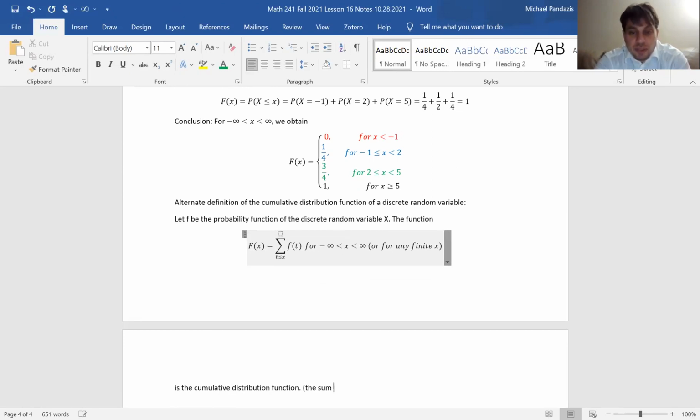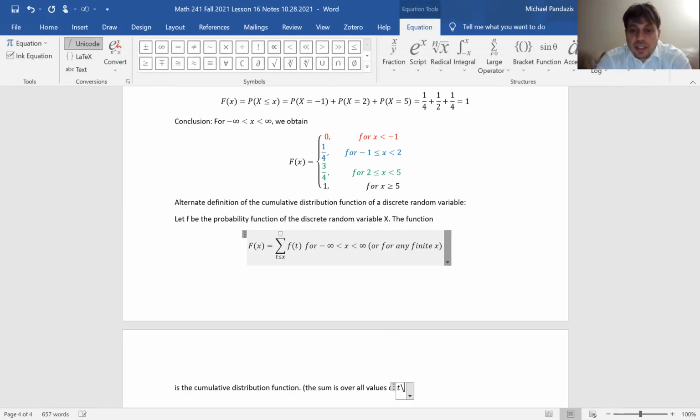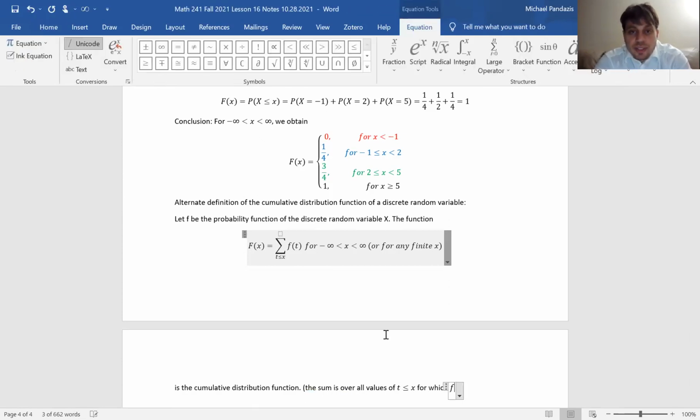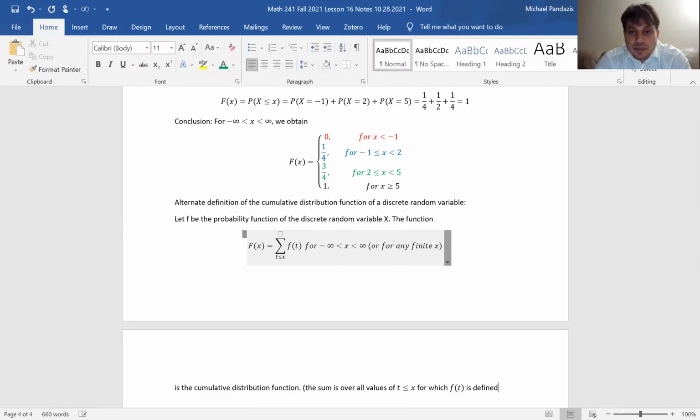Okay, the sum is over all values of t less or equal to x, for which f of t is defined. So there are points in the course where we use calculus, right?